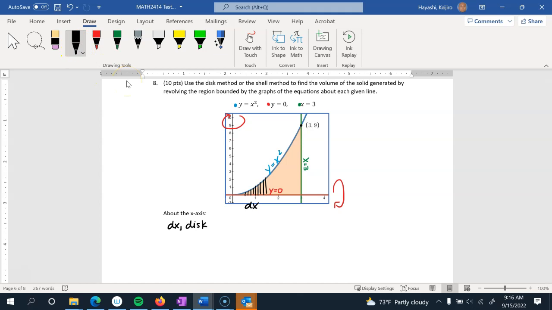So around the x-axis, the disk method, that's going to be pi times the integral from a to b. So x appears to go from 0 to a maximum value of 3. So x appears to go from 0 to 3. Those are our bounds.